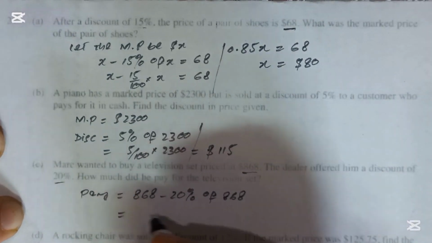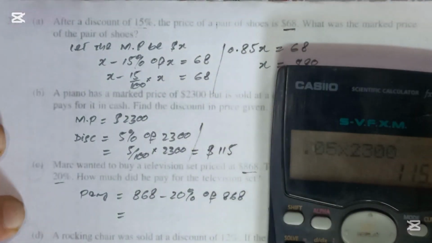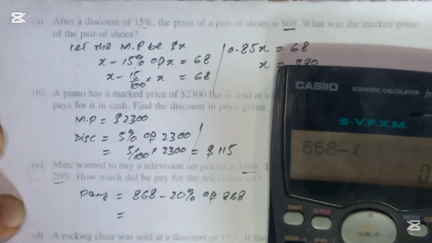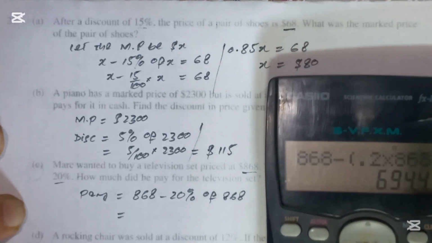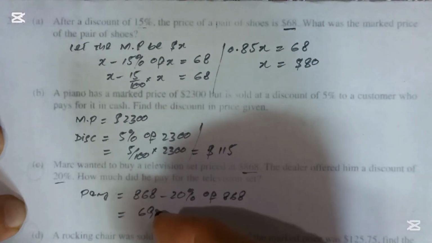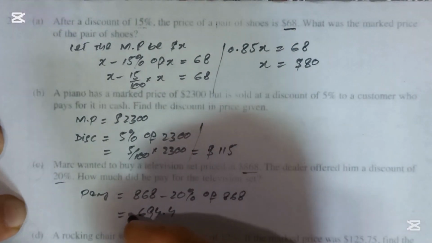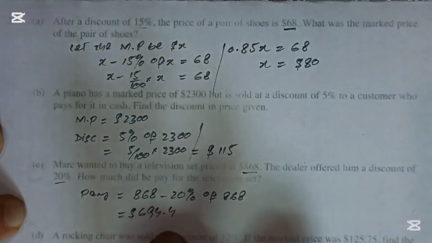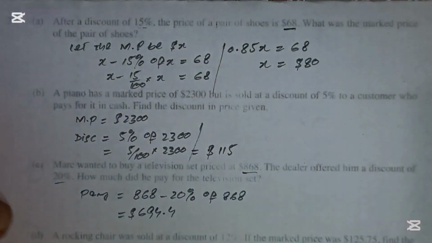So now solve it on the calculator. 868 minus 20% off 868, bracket close, equal to 694.4. So this is the price we should be paying after getting the discount.